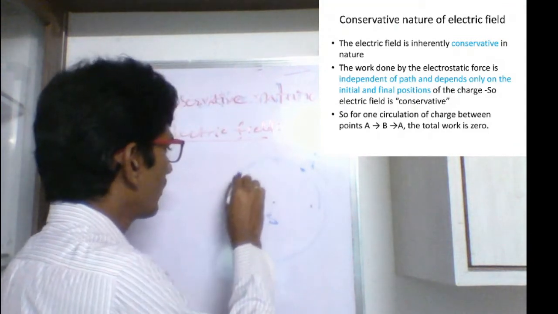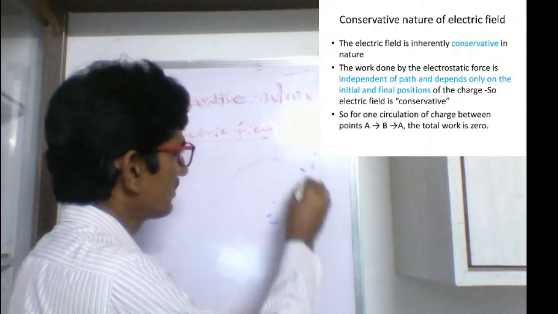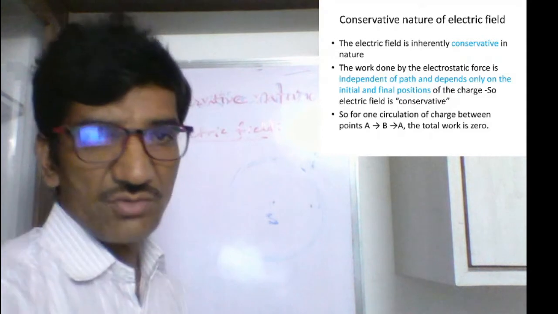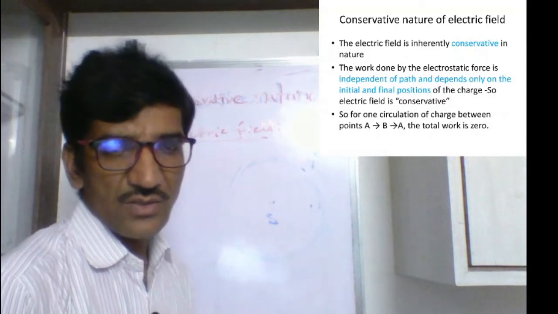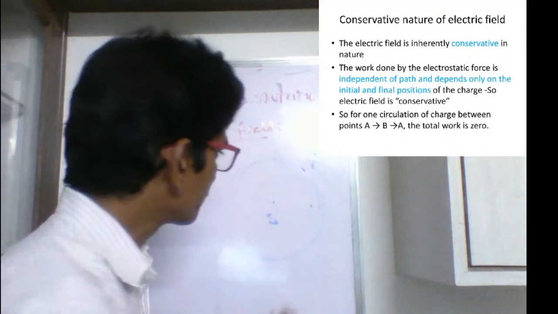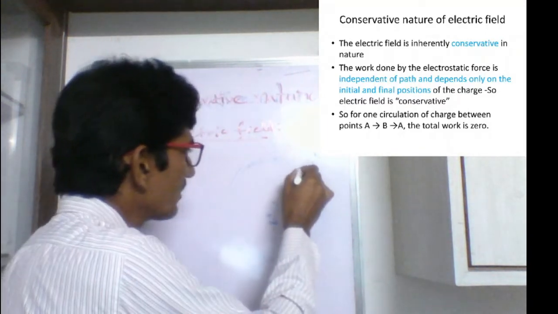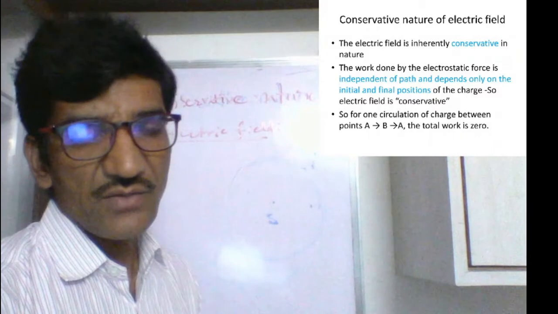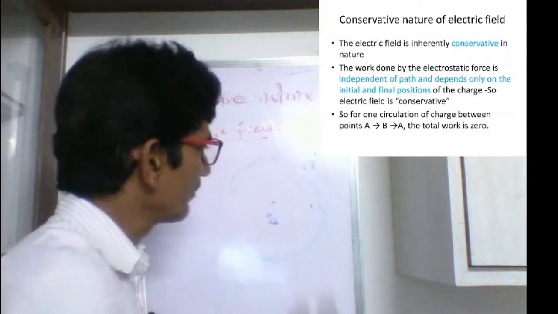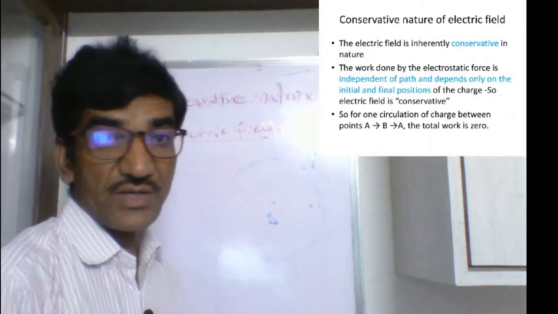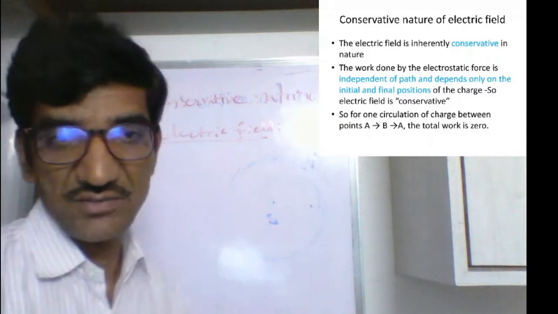Now, what happens here? This object rotates with some orbital velocity.